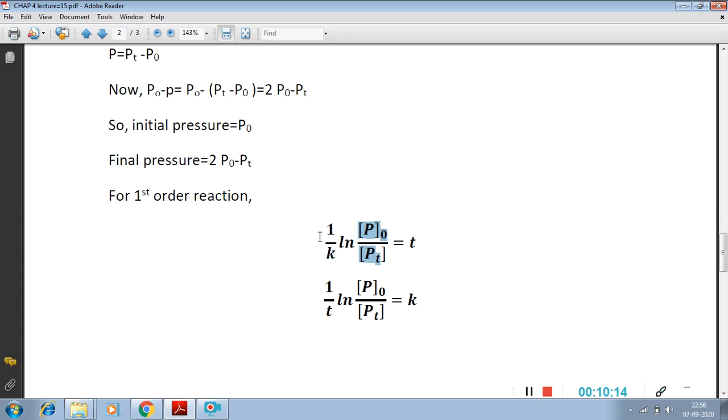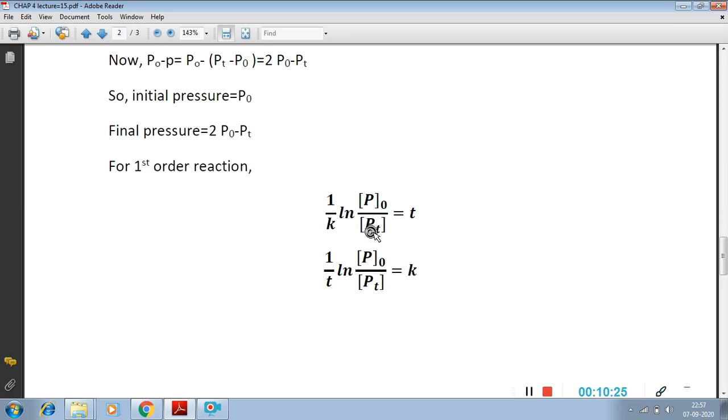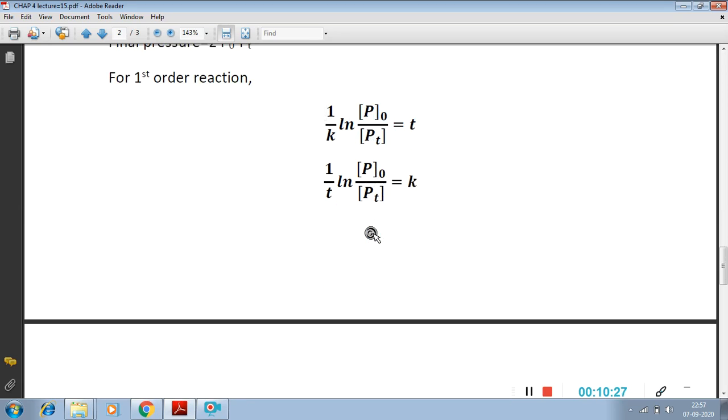So if the reactant is in gaseous form, then use the pressure term instead of concentration. Now you can see here I have changed the places of k and t. 1 by t is there and k is here.